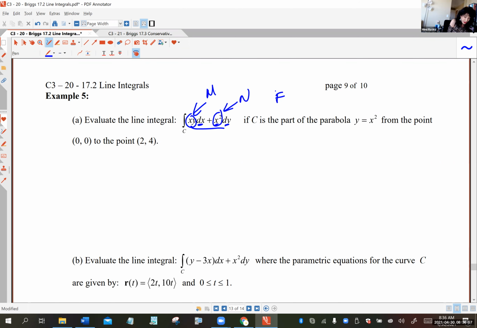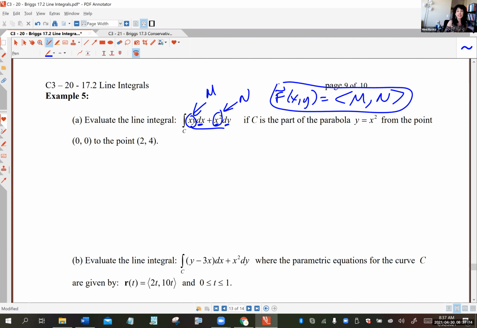So your vector field, if they asked you, what's the vector field that goes with this line integral? By cherry picking off the factor that's multiplying with the dx and the factor that's multiplying with the dy, you can reconstruct the vector field that's in this situation. So it's not a mystery. So the vector field's involved. So this is a line integral involving a vector field.